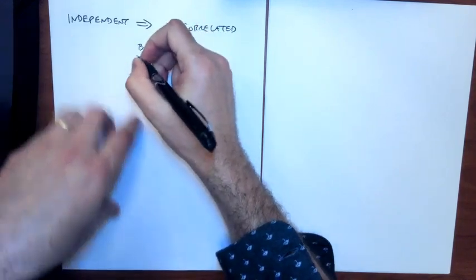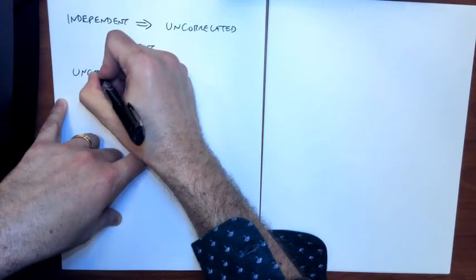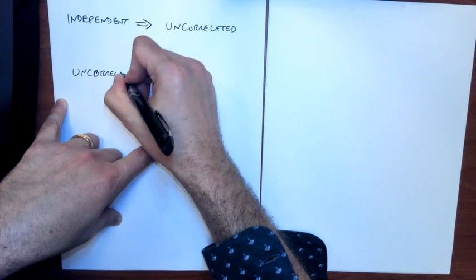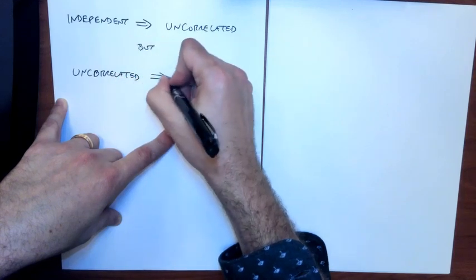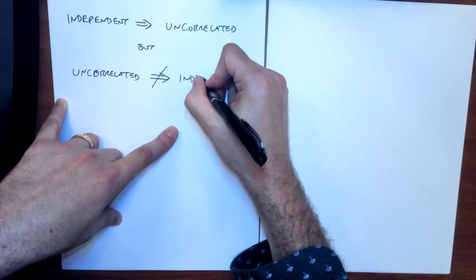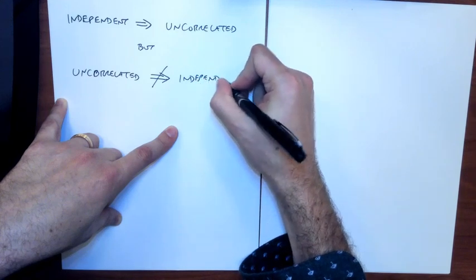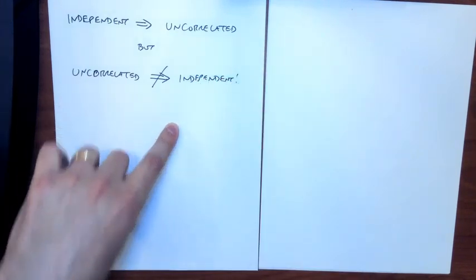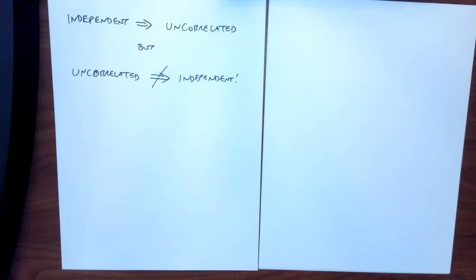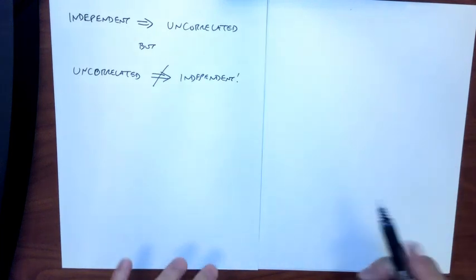But uncorrelated does not imply independent. That's an important thing to remember. I just want to do an example that shows that's true, and it's also a good exercise in manipulating PDFs and marginals and things like that.